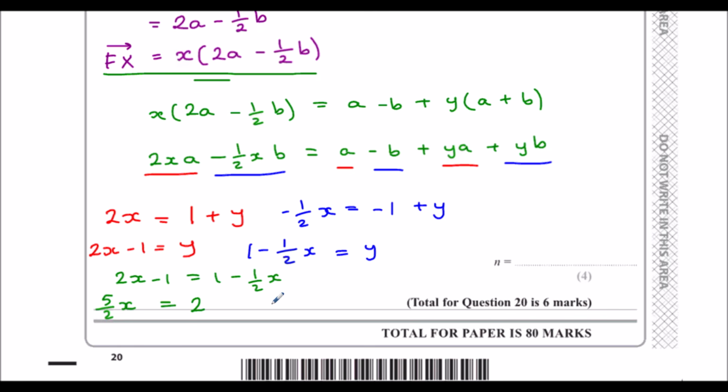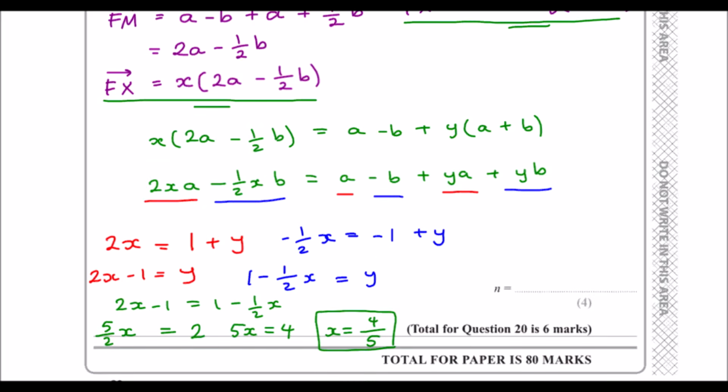I want to get x by itself, so I'm going to multiply both sides by 2. So I'm going to have 5x equals 4. I then divide both sides by 5. So x is 4/5. So x is 4/5 of the journey.